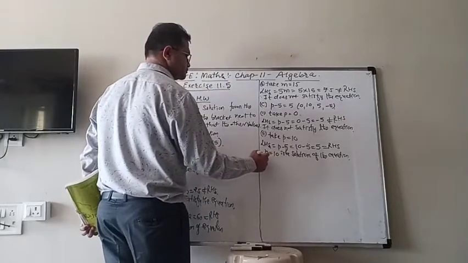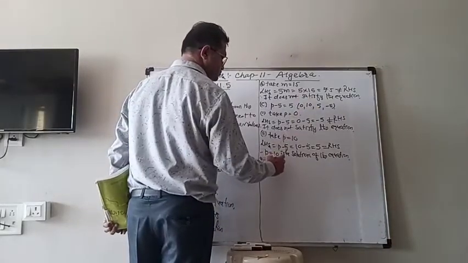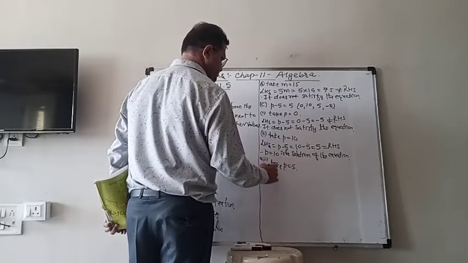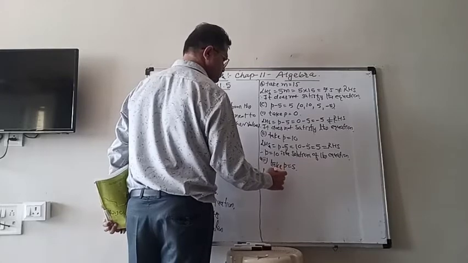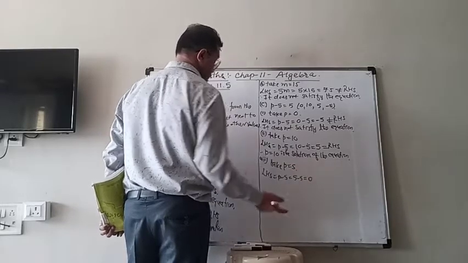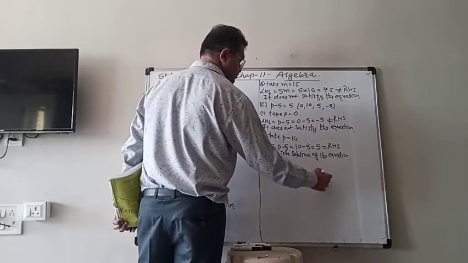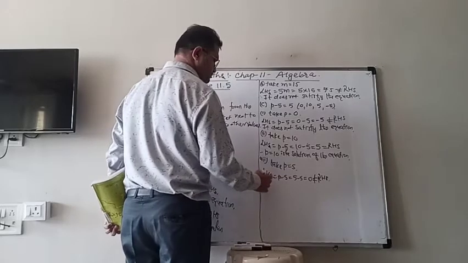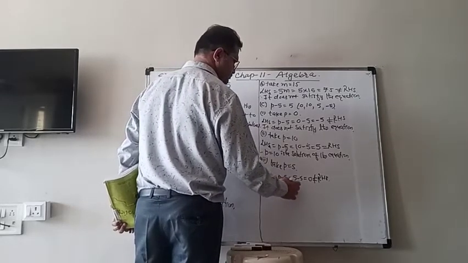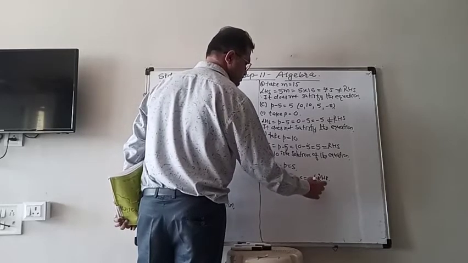Third one, take p equal to 5. So LHS is p minus 5, that is 5 minus 5, which is 0, also not equal to the RHS. Therefore, it is not a solution of the equation.